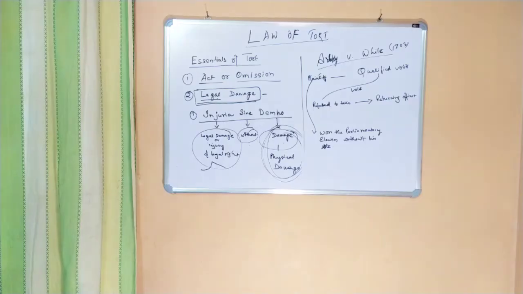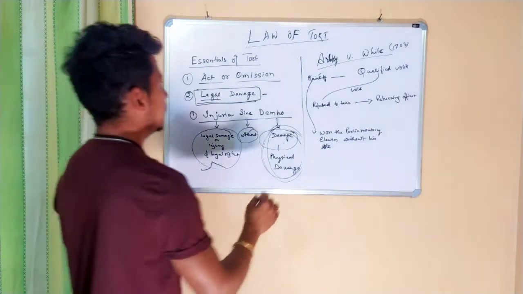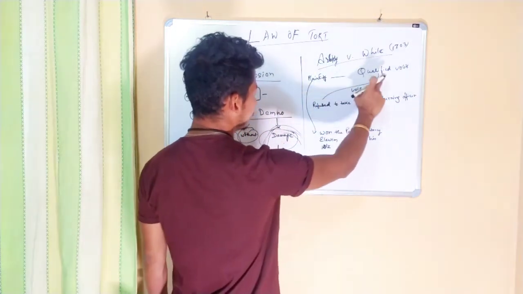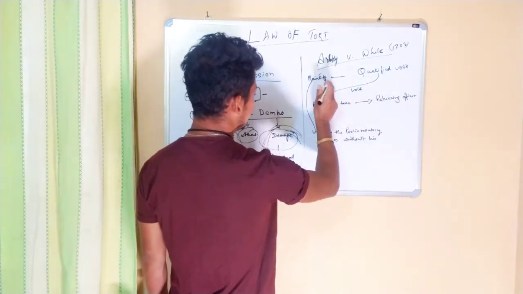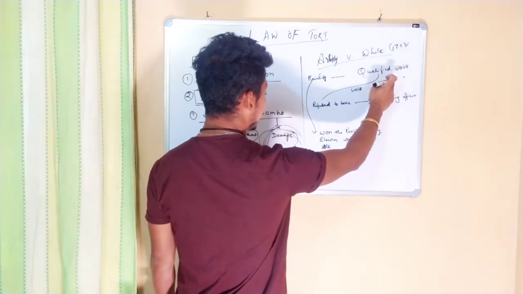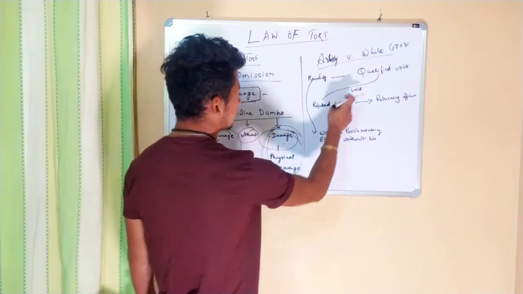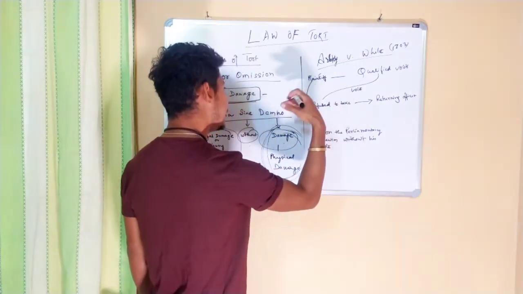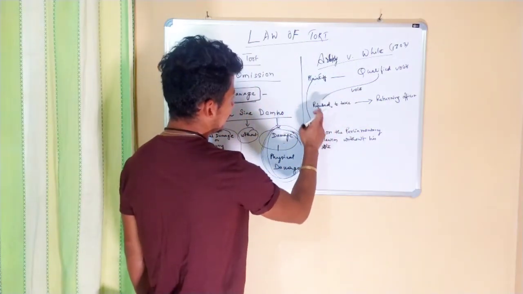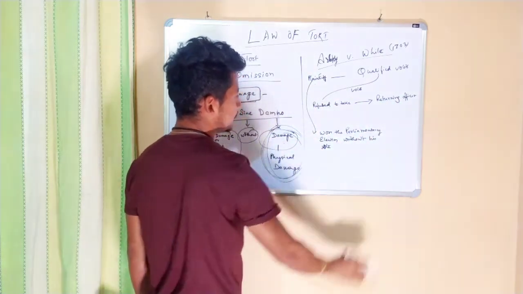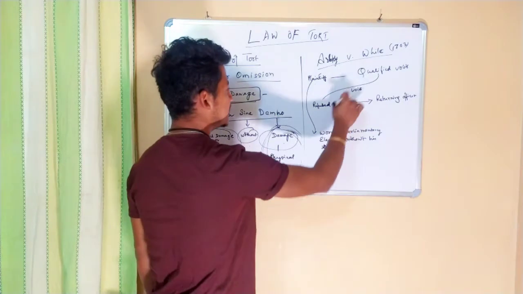Here you can see that in the case of Ashby versus White, there was a plaintiff who was a qualified voter, and he had the right to vote. He went to cast his vote, but his vote was refused by the returning officer. So his right is being violated here.